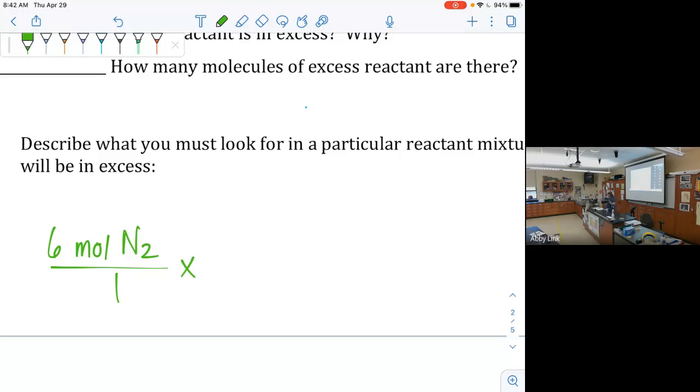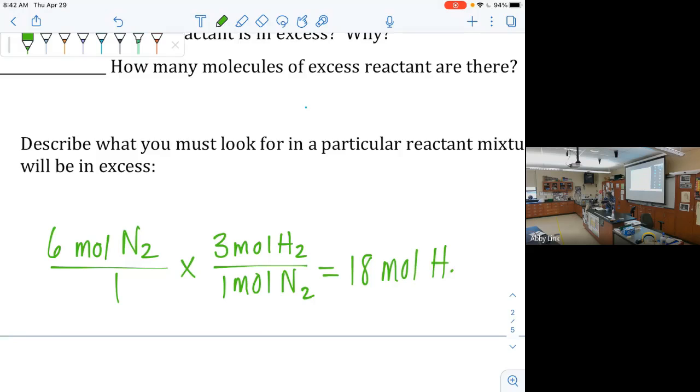We need to figure out how much of my H2 I'm going to use up. So our mole ratio is 3 moles of H2 over 1 mole of N2. All right, so multiplying that out, I need 18 moles of H2. Do I have 18 moles of H2? No, I don't, okay? So let's write that down. Don't have it.